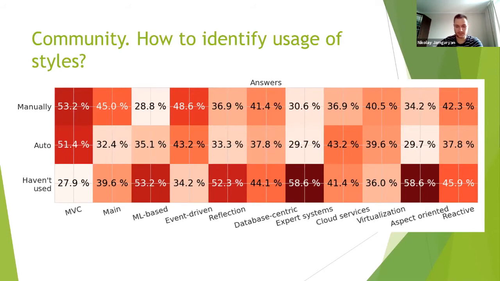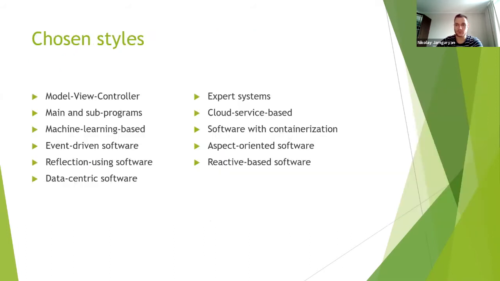So on the next step, we have to scope our research and choose styles for which we will process the open source code. Here you can see 11 chosen styles. This list includes such orthodox styles as model view controller and event-driven software, and such non-orthodox styles as machine learning-based and cloud service-based.